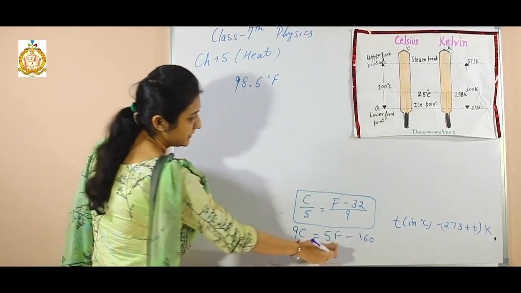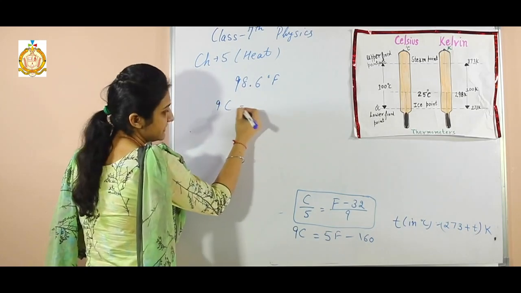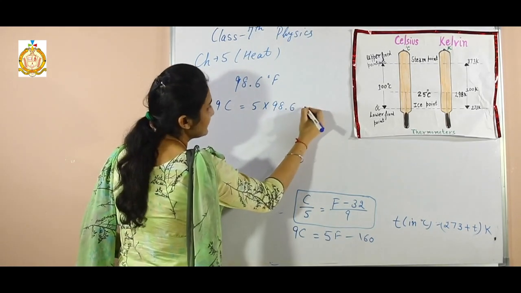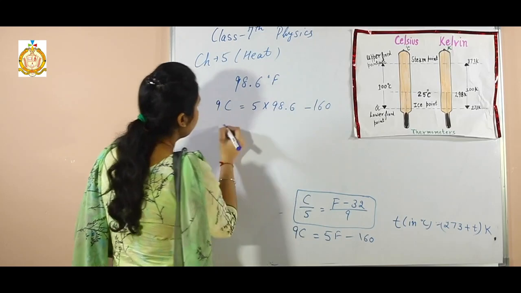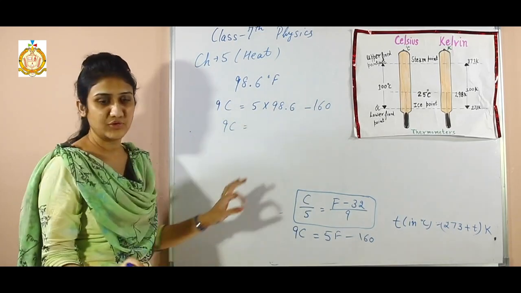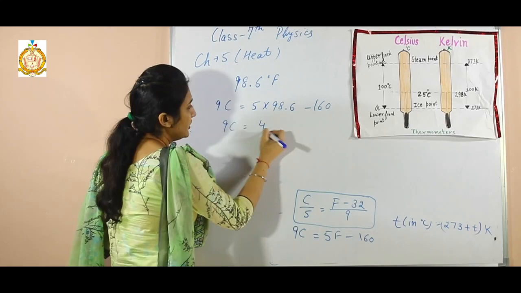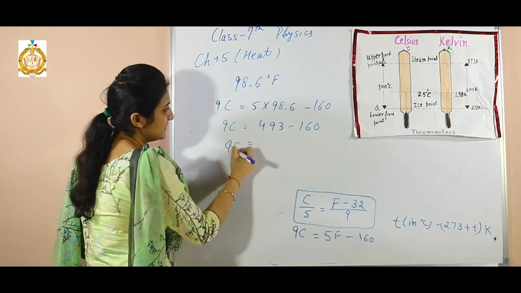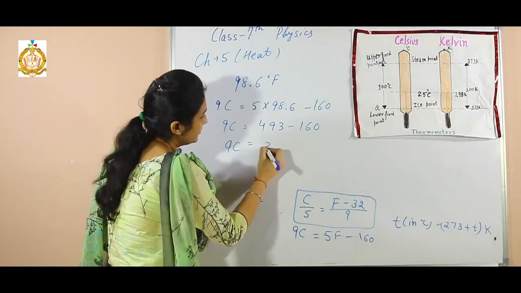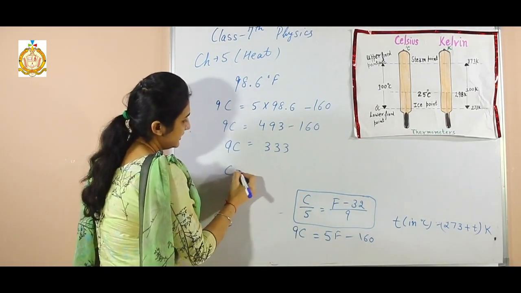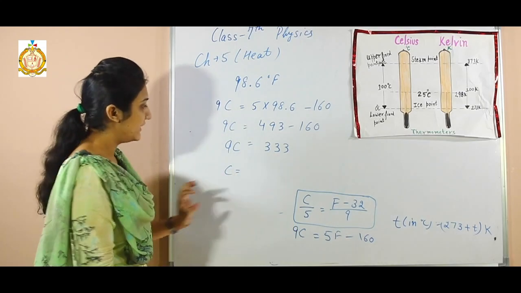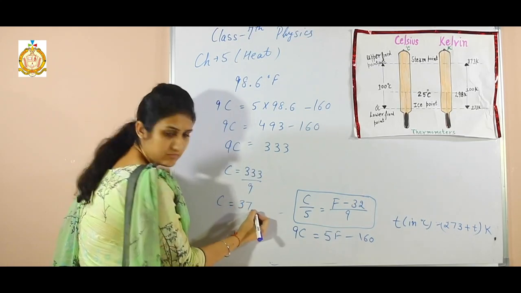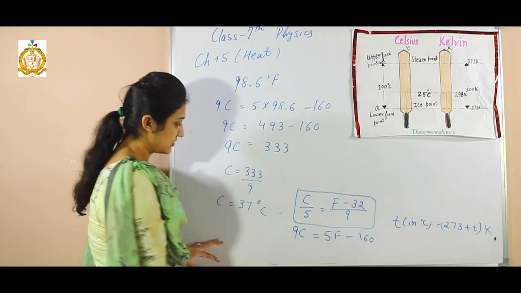Put the values here. 9C equals 5 multiply 98.6 minus 160. 9C equals to, when you multiply this term you will get 493 minus 160. 9C equals to 333, now dividing here, that is 37 degrees Celsius approximately.